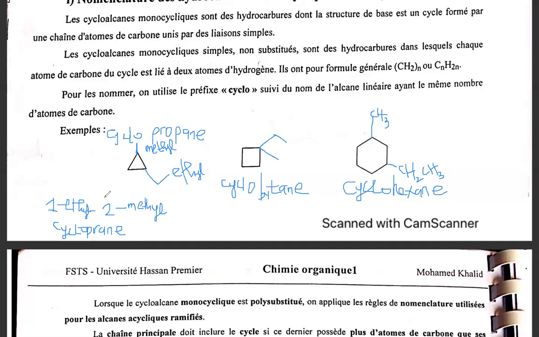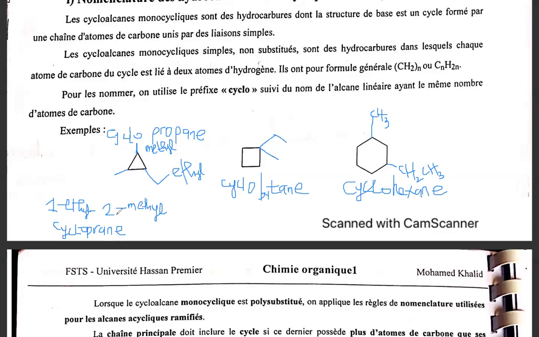Yeah, it's clear. Okay. So if I was to include another methyl, it would be at position 2 and 3. Let me show that the methyl is still at position number 2, so it would be 1, 2, and 3.